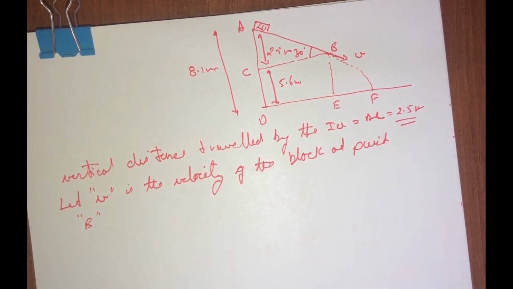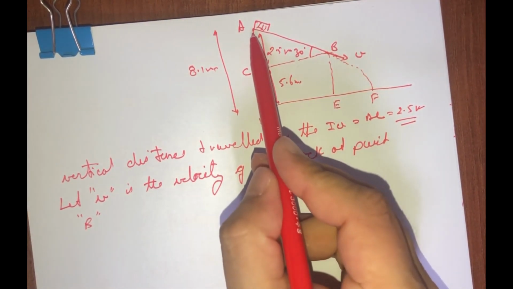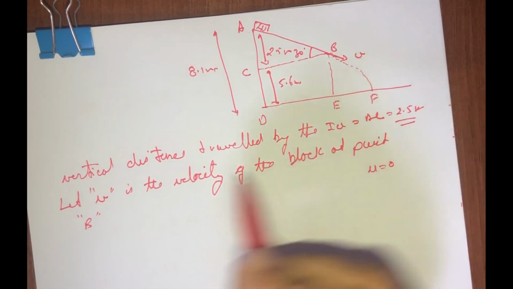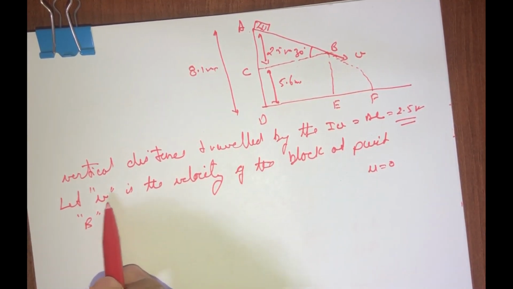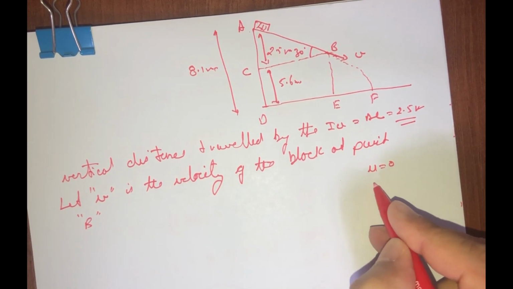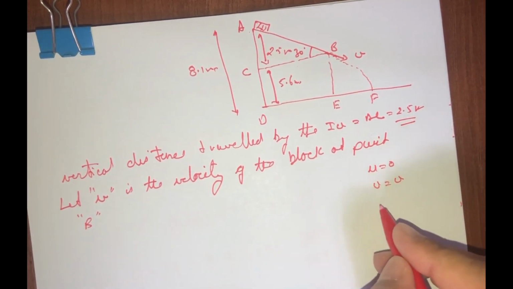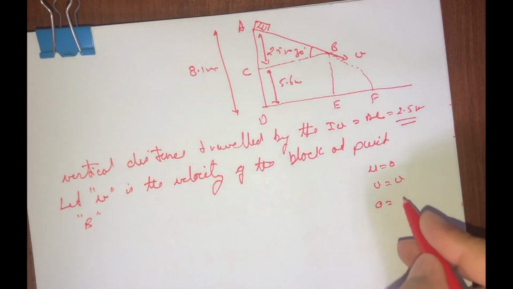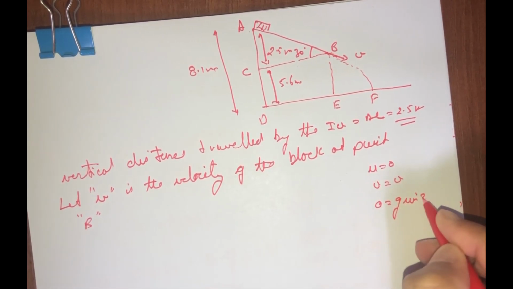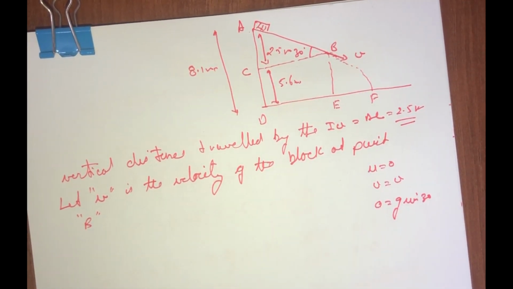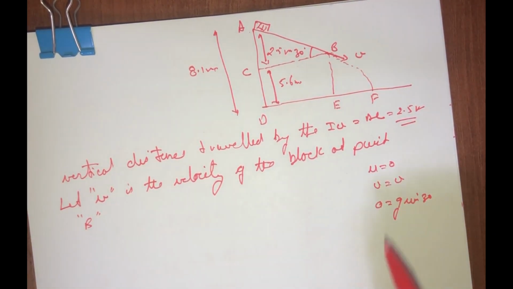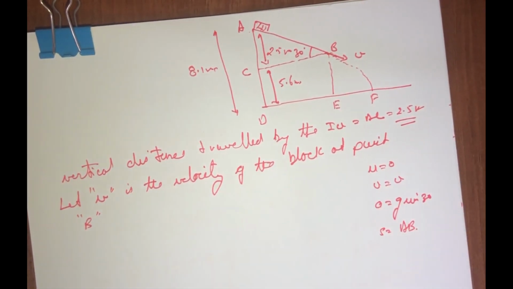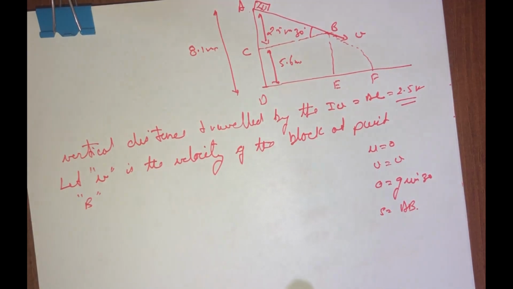Initially the block was at rest, so we can say that the initial velocity will be equal to 0. We already said that the velocity at point B is V, so the final velocity is equal to V, and acceleration will be equal to g sine theta, where theta is 30 degrees, and the distance S will be equal to AB, that is traveling in this direction.